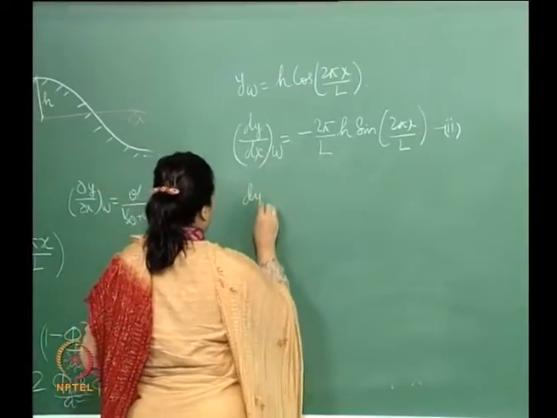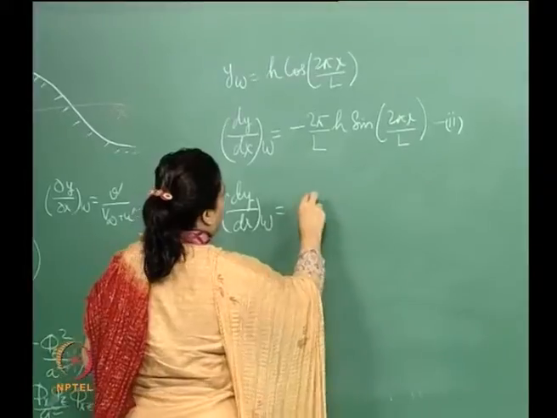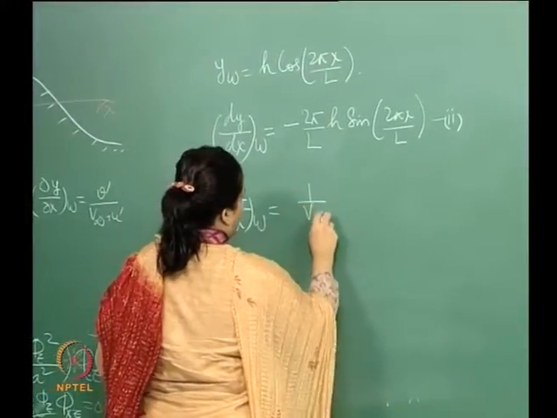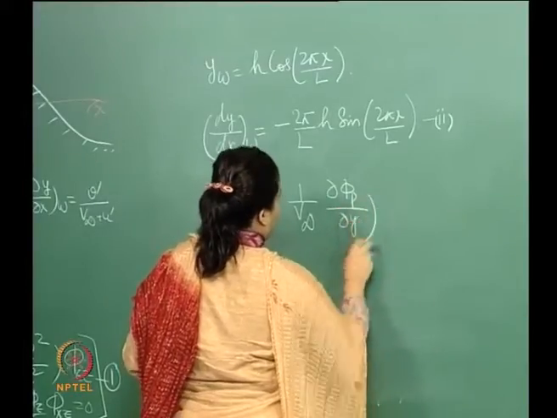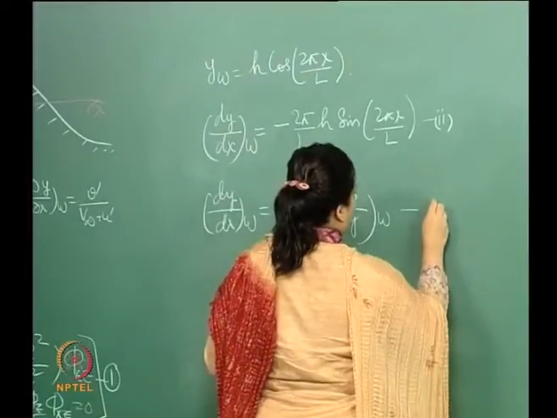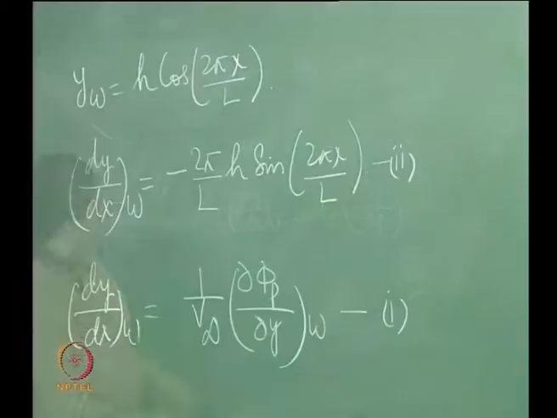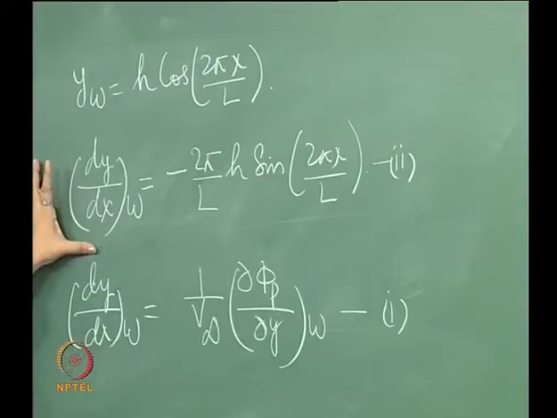So, let me write that again. From the velocity considerations, what we got is that the slope is this, and this was 1. So, clearly this is from the velocity consideration and this is from the geometry consideration. So, let us put these two together.